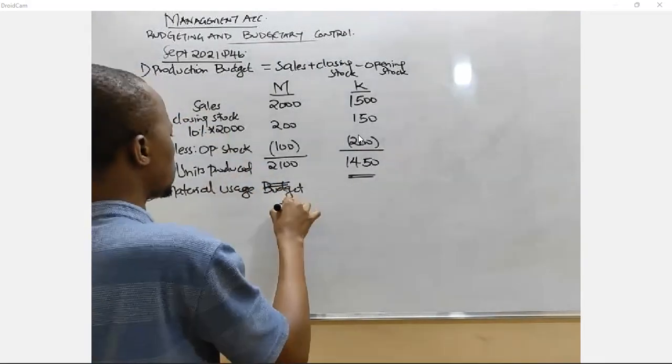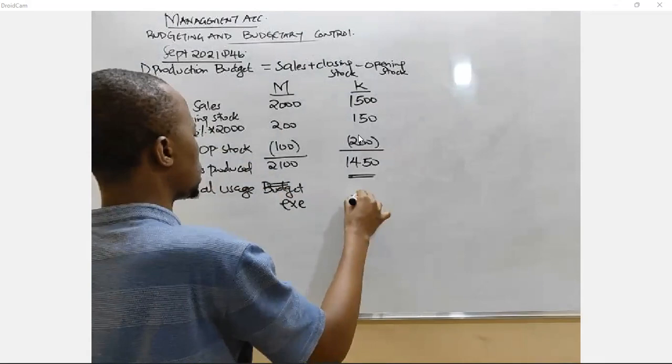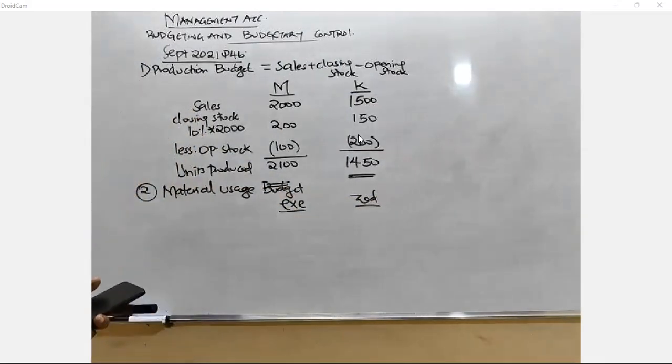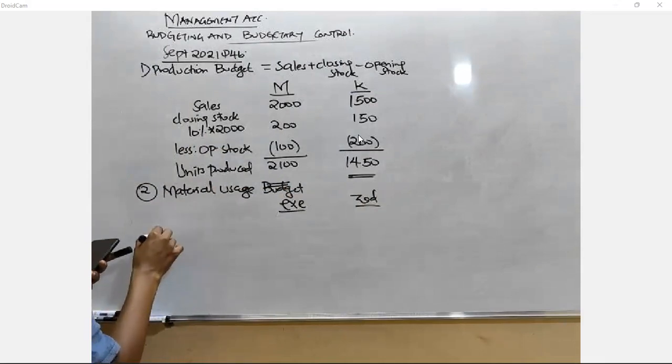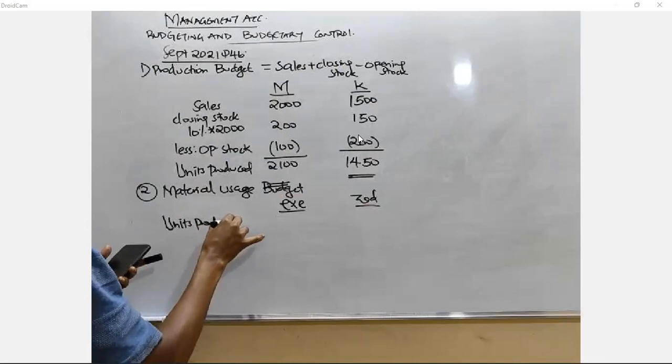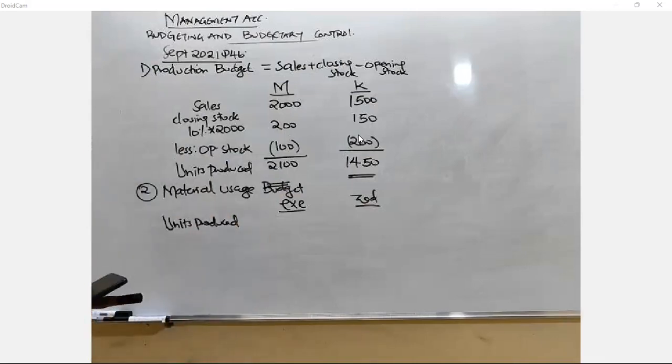So we are using X and Z. Let us check on the units produced. We have a note: the material required for X in kgs, Z in liters.